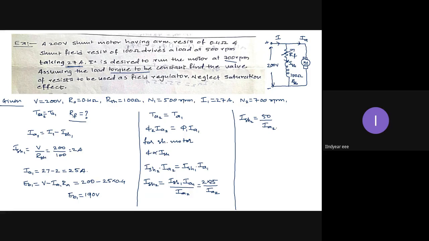ISH2 is equal to 50 by IA2. Now, I have a speed relation. So we have N2 by N1 is equal to EB2 by EB1 into phi1 by phi2.